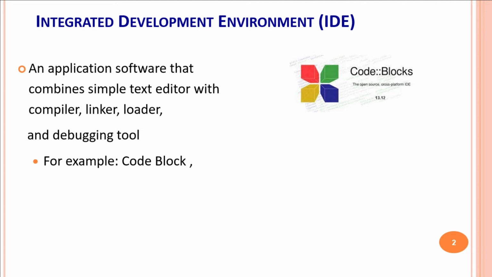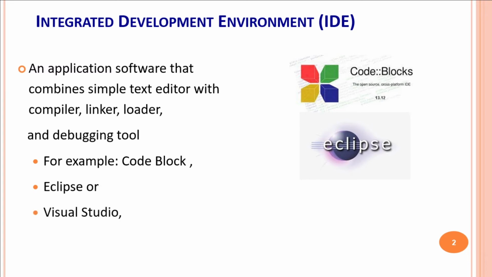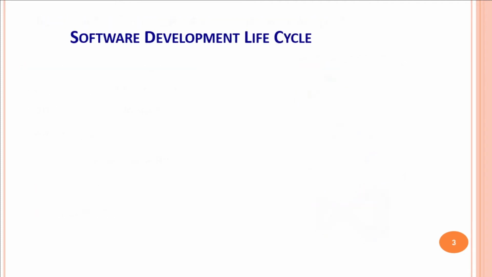In earlier days I used to use the Borland C++ integrated development environment, but now we have Code::Blocks, very powerful but very simple to use. Eclipse is also one of the freeware available as an IT tool. Visual Studio. So these are the integrated development environments for developing programs.